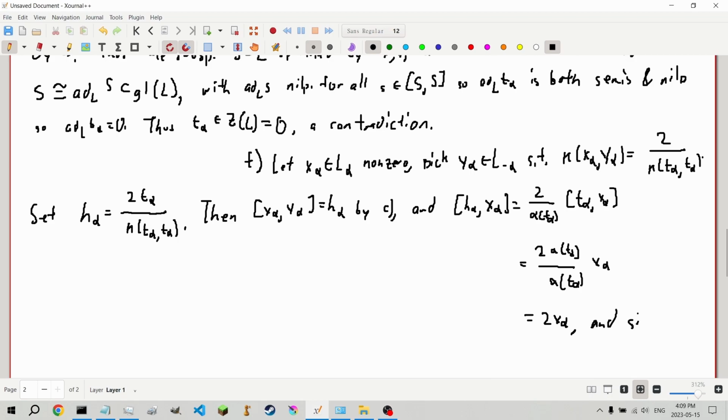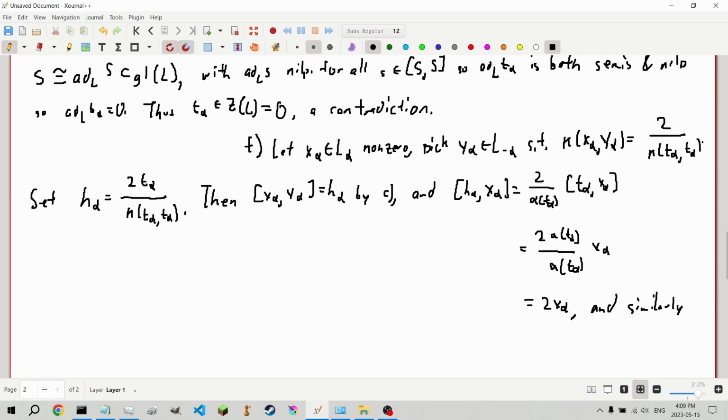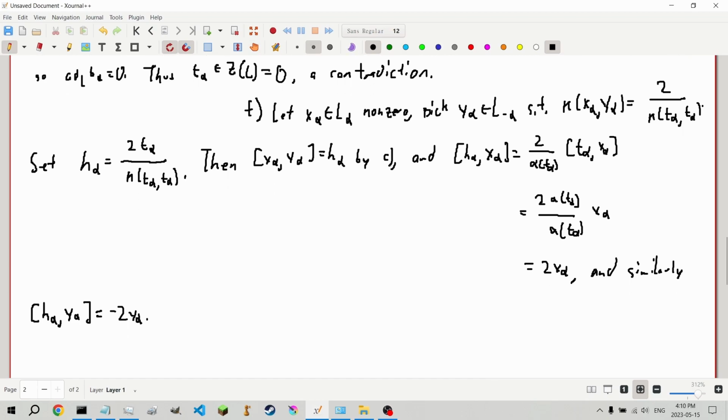And similarly, the bracket of H alpha and Y alpha is negative 2Y alpha. So the multiplication table is going to be the same and everything follows from that.